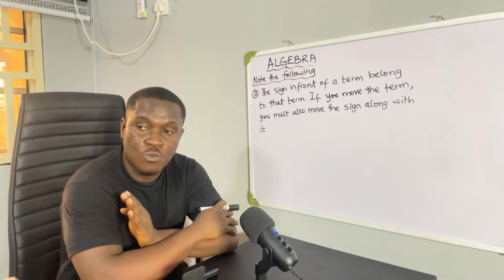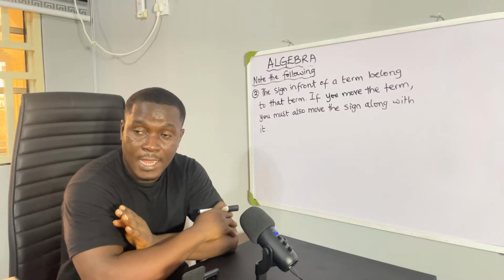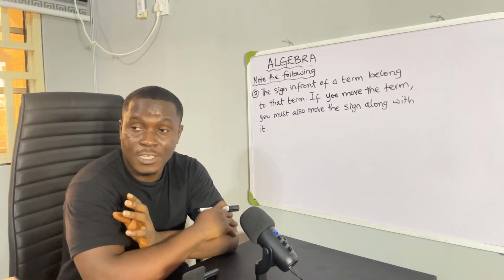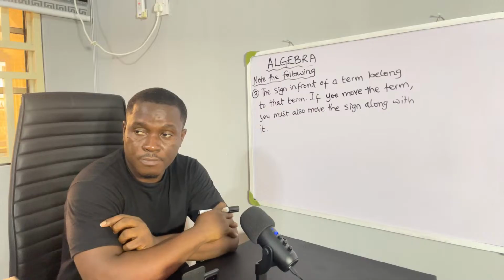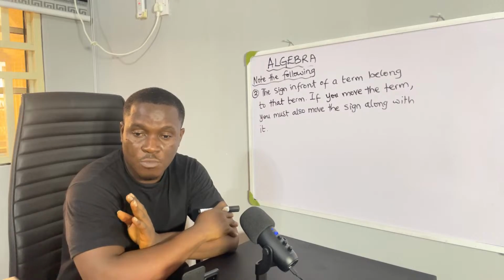If you decide to move the term, you must also move the sign along with it. Why are you moving it along? Because the sign belongs to that term, right? Shadow moves when you are moving. The sign in front of a term must move along with the term.